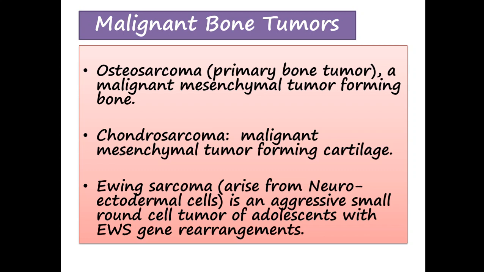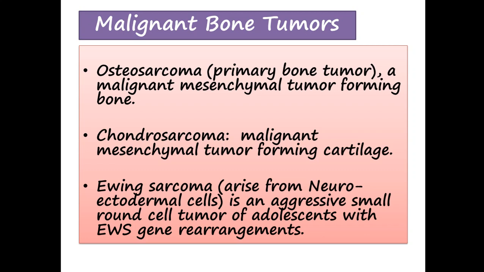The three common malignant bone tumors include the osteosarcoma, which is a tumor that arises from the pleomorphic osteoblasts. We know that the osteoblasts are the bone forming cells, and by pleomorphic osteoblasts we mean osteoblasts of variable and different sizes.